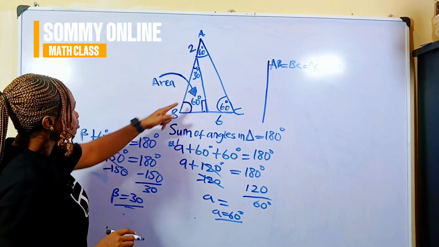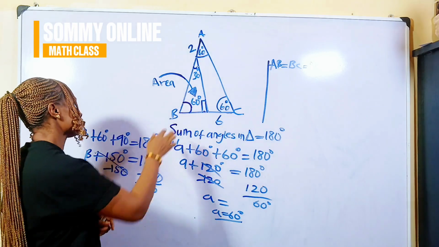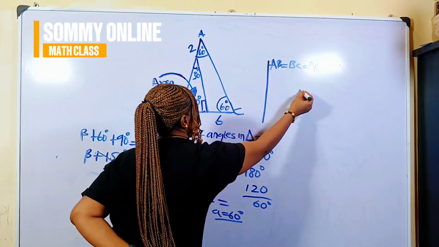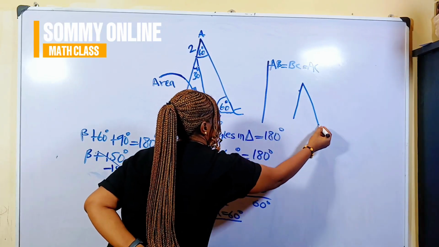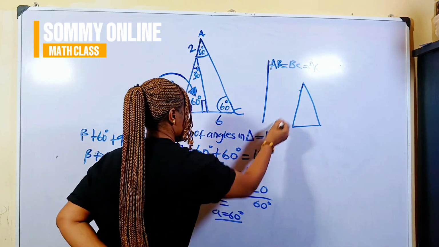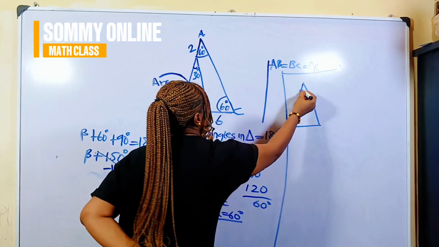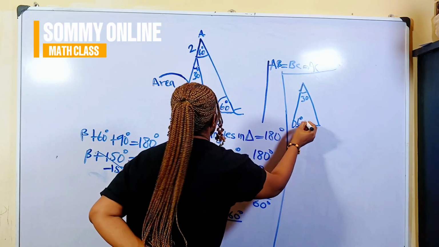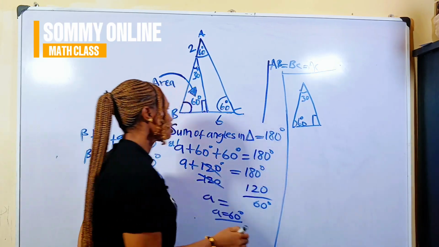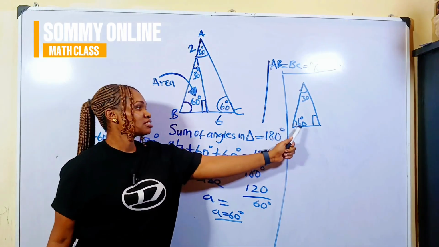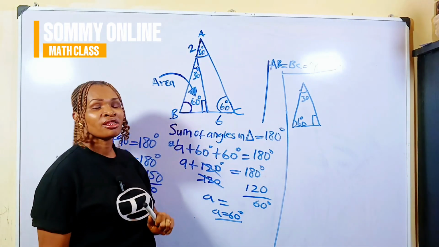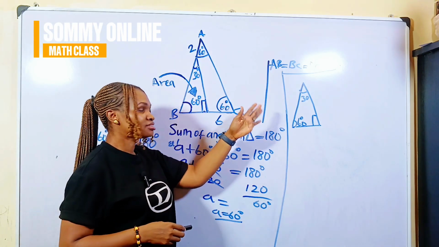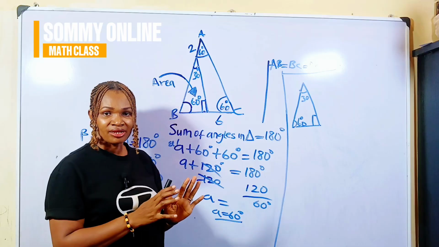Let's look at this triangle that is here very well. Let's draw it out. We have 30, we have 60 degrees, and we have a right angle, which is 90 degrees. This is called a special triangle. Any triangle that has 30, 90, and 60 degrees within it is a special triangle.